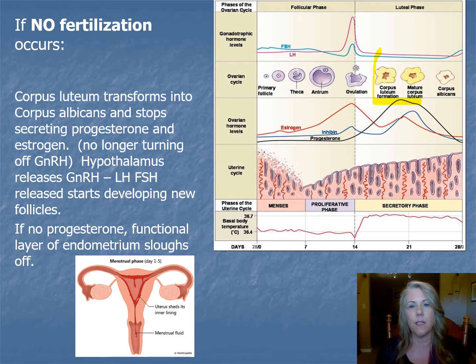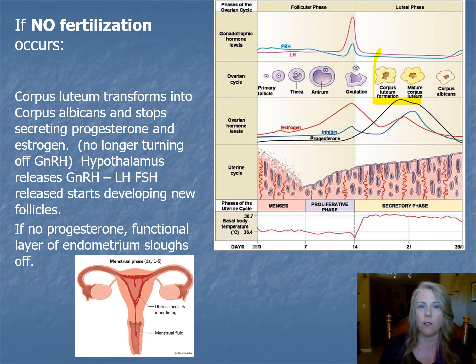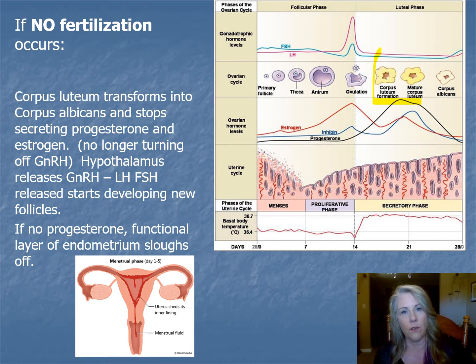So the absence or very low amount of this in the blood is going to stimulate the hypothalamus to release the gonadotropin releasing hormone. Therefore, it stimulates the pituitary to release the follicle stimulating hormone and luteinizing hormone. When it does this, you already know what those hormones do. They are going to start developing new follicles.